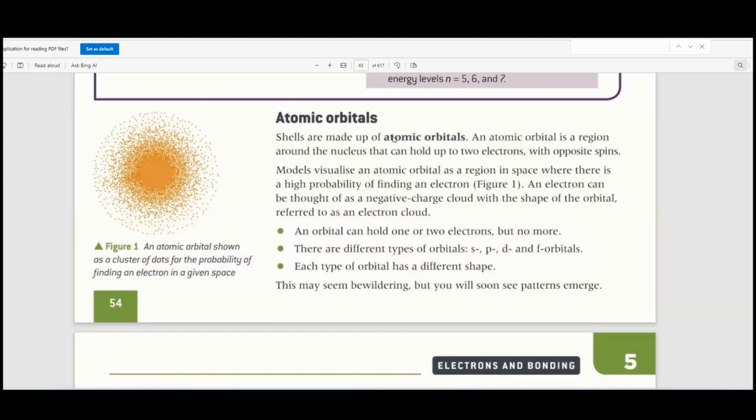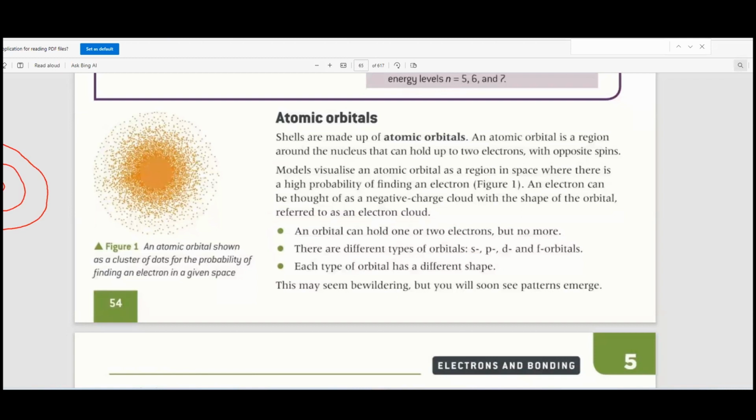Shells are made up of atomic orbitals, and an atomic orbital is a region around the nucleus that can hold up to two electrons with opposite spins. If you think about it, this is a nucleus, this is the first principal quantum shell, and this is the second principal quantum shell.